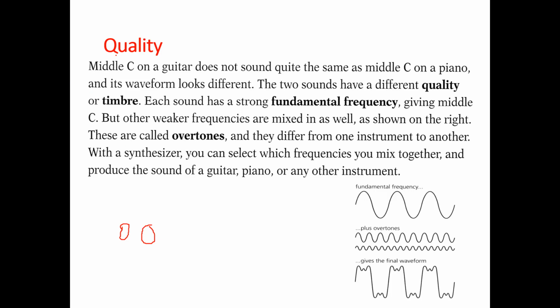So here is what they mean by quality. Even, for example, the violin family of instruments, when you look at them, it seems they give the same sound, but they give the same frequency in a different way. So what do we mean by quality here? It means different sounds from the same instrument.